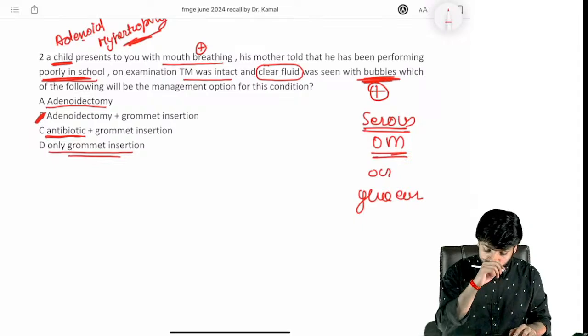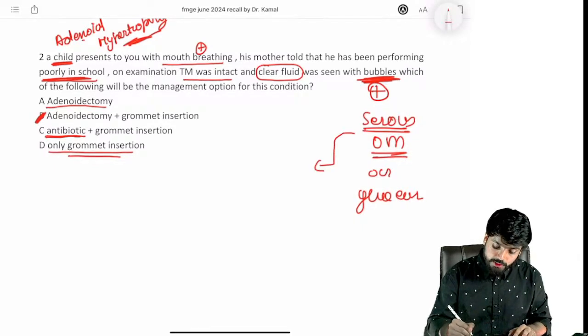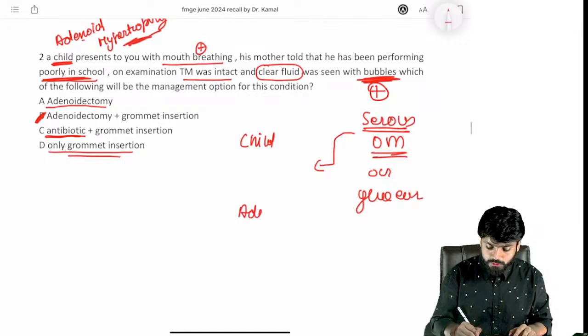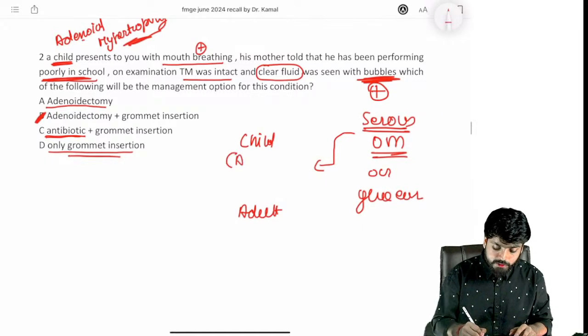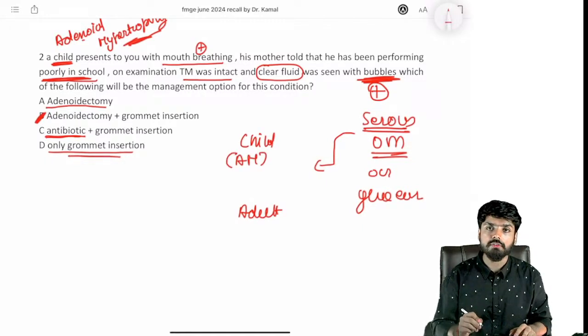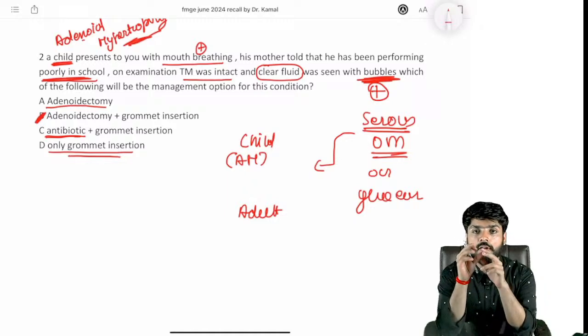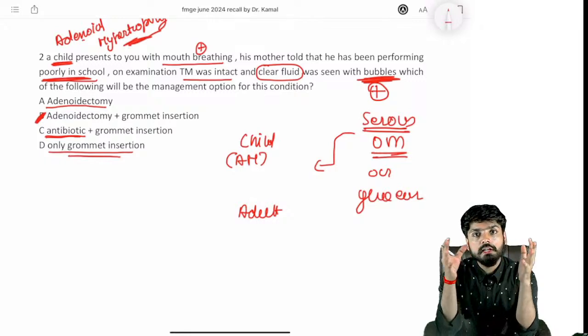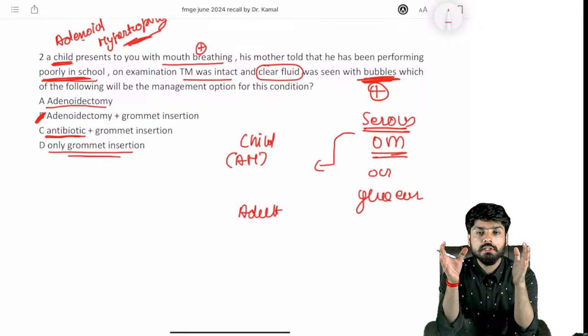One thing I want to tell you about serous otitis media: it can happen in a child or it can happen in an adult also. Child will have adenoid hypertrophy. One thing you have to remember about adenoid is it's in the midline. So whenever hypertrophy happens in the midline, it blocks the Eustachian tubes bilaterally.